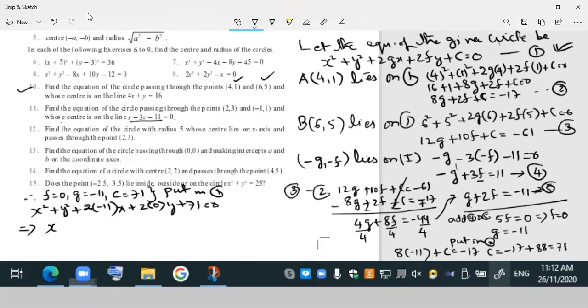Therefore, we get the equation x square plus y square minus 22x plus 71 is equal to 0, which is the required equation of the circle.